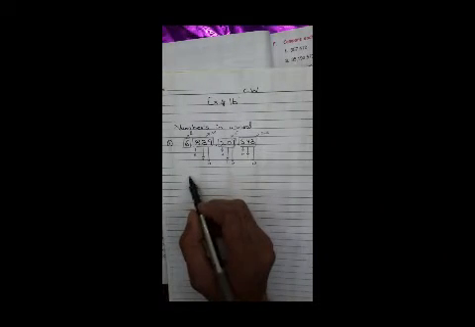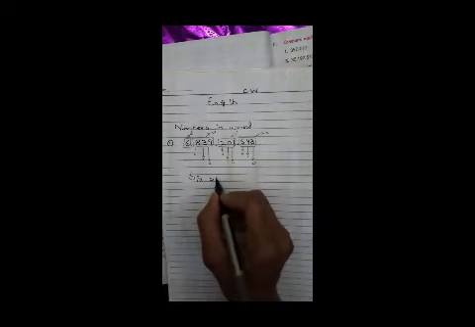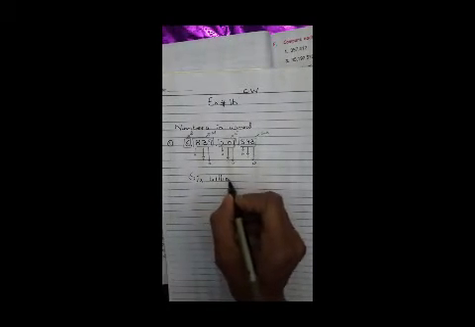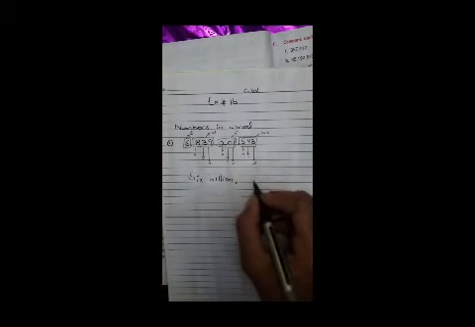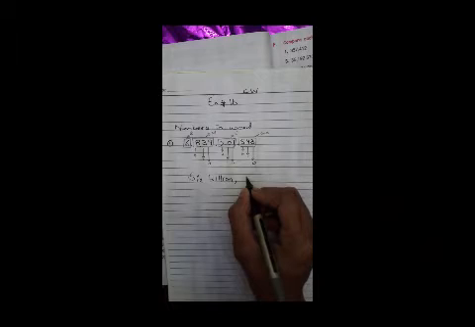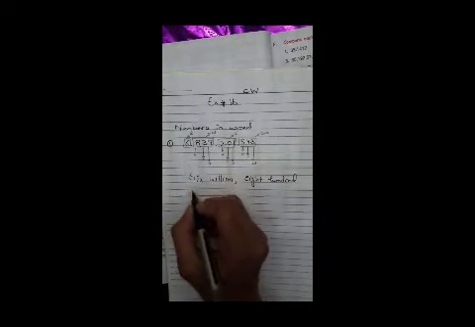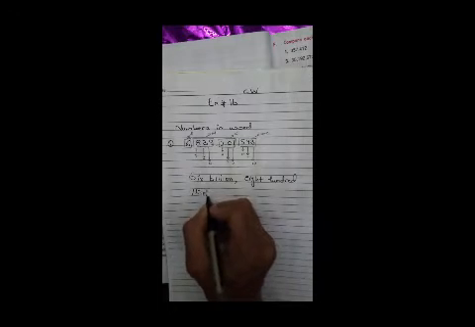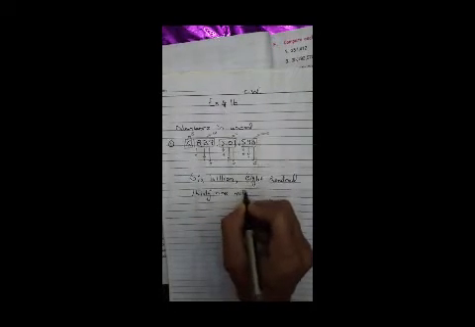Our number starts from 6 billion, then 839 million. So right here 800, then 39 million, thirty-nine million.